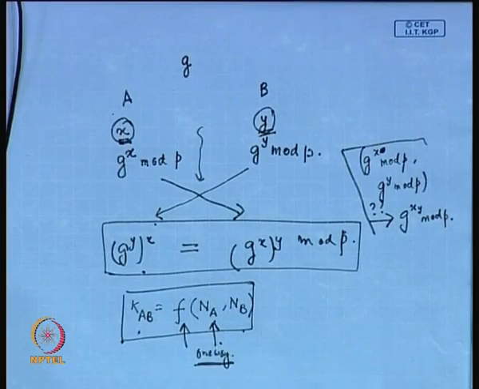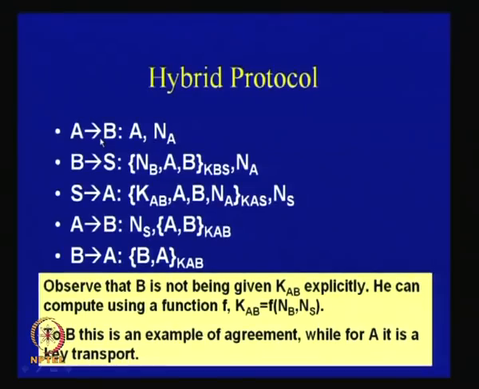Now let us see one example of a hybrid protocol. Here there are again three parties, A, B and S. A communicates with B and sends A comma Na. So A sends the value of A and also a fresh input which is generated, called Na.